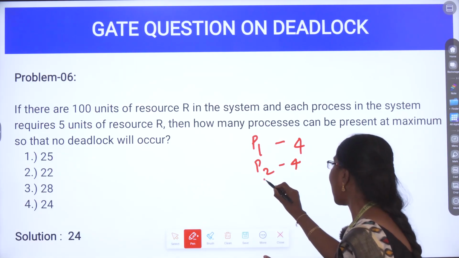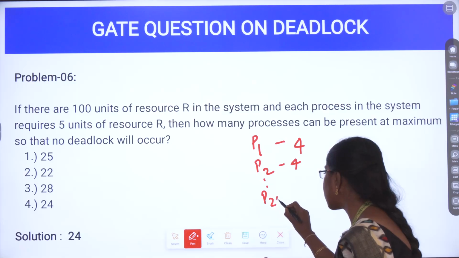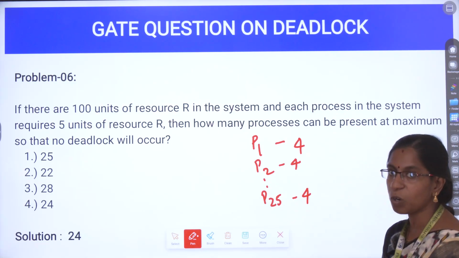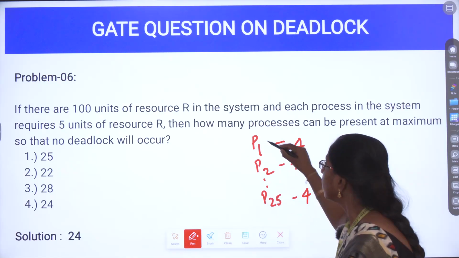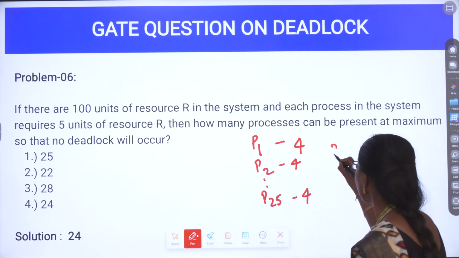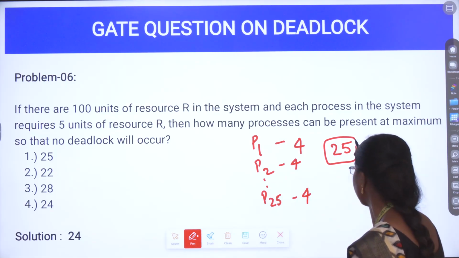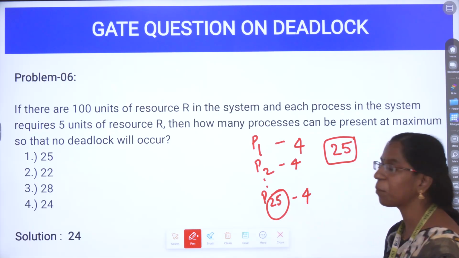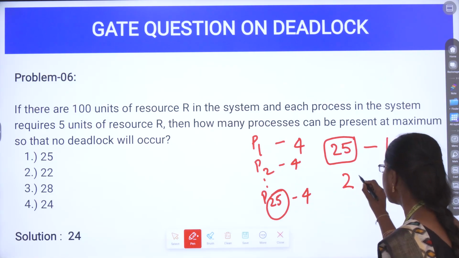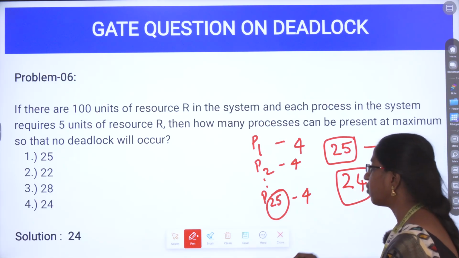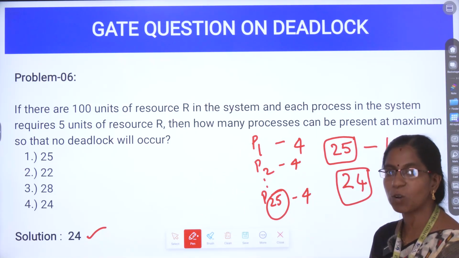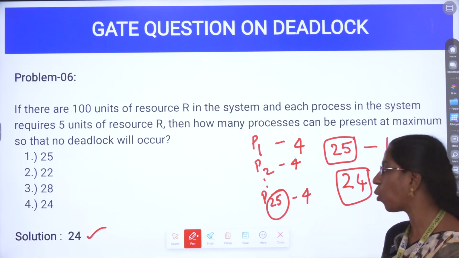P2, 4. Like this, if I go to process P25, it's also 4. Totally I am having 100 units. So the total number of processes is 25. So 25 minus 1, 24. So if I am having a maximum of 24 processes, then deadlock is avoided.